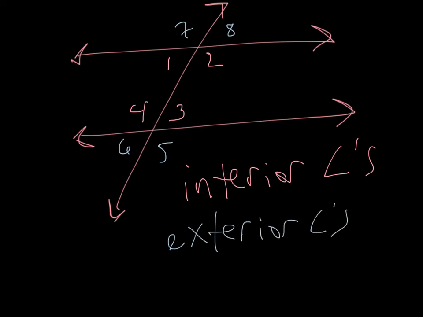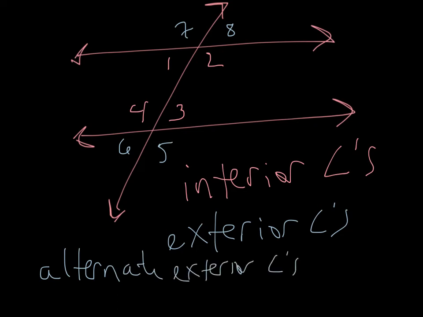And all the same relationships are still in play, right? 3 and 5 are supplementary, 3 and 2 are supplementary, 1 and 2 are supplementary. Well, what do you think is significant about the relationship between 5 and 7? How about 6 and 8? These are called alternate exterior angles.